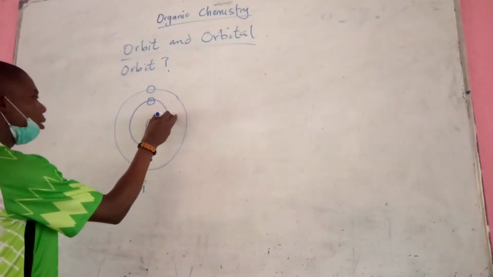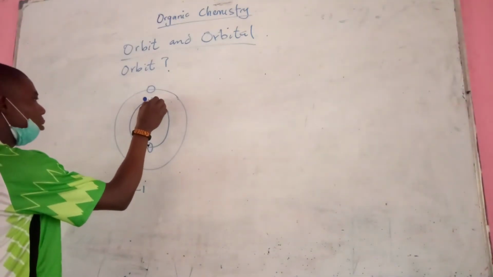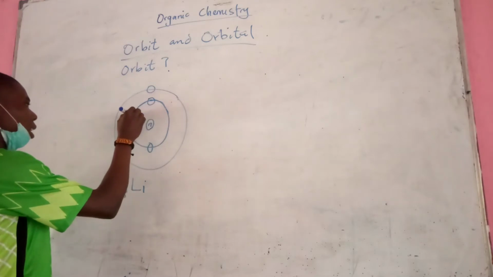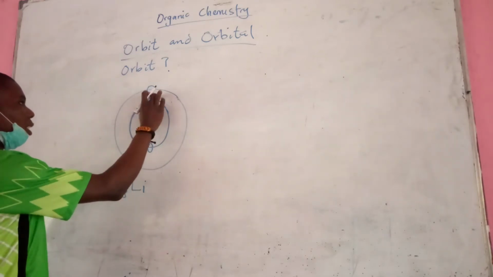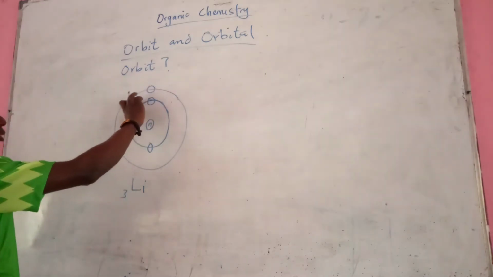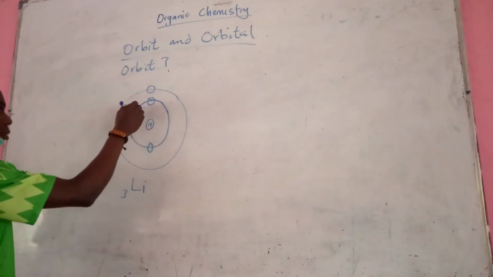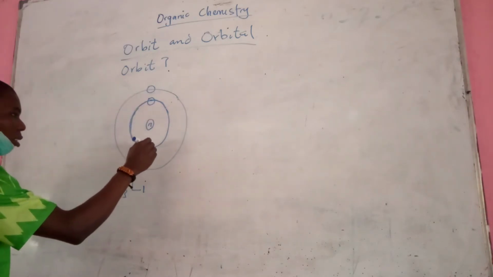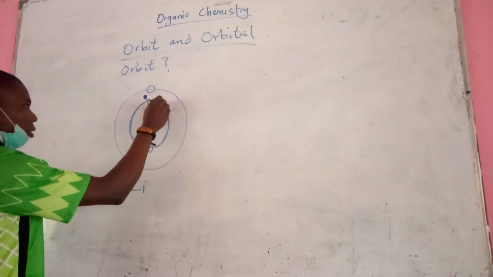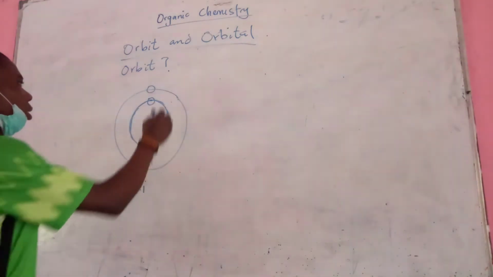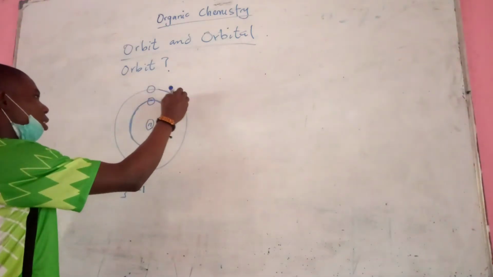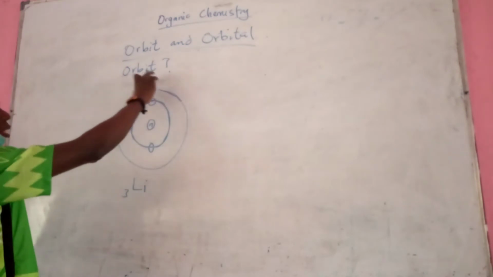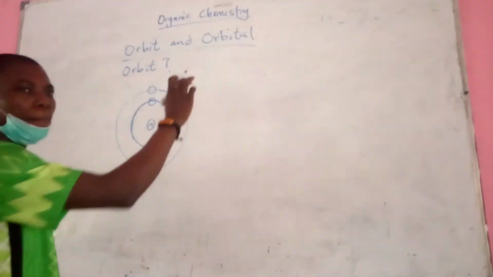In a lithium atom, these are the orbits. Orbits are the circular paths, the elliptical paths in which electrons move. This path now, this is the orbit. This is another orbit in which the outermost electron moves.